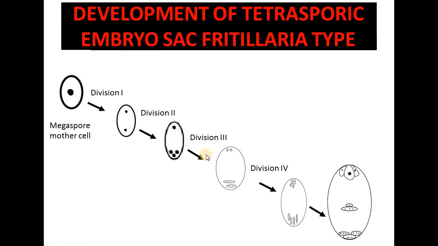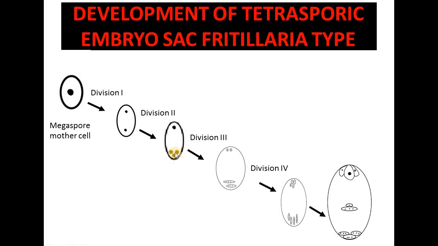Now mitosis will start to produce the megagametes. As a result of mitosis, you can see this haploid nucleus will divide from 1 to 2. And in the same way, when the triploid structure divides by mitosis, 2 triploid structures will be produced.